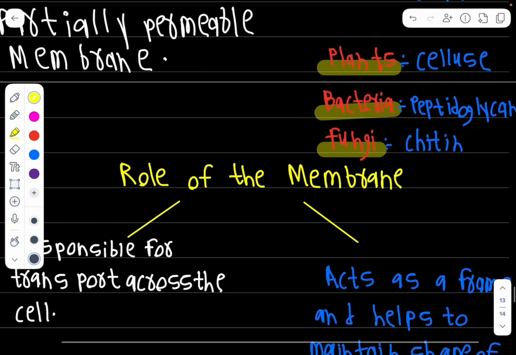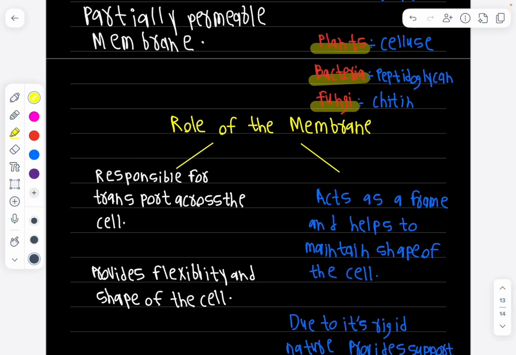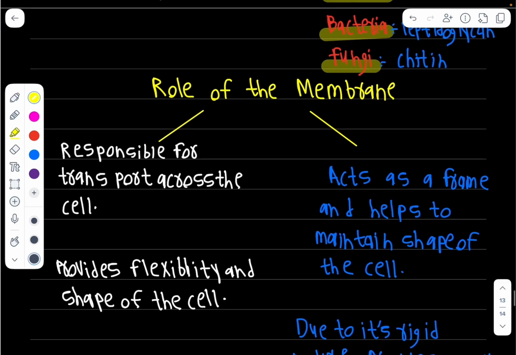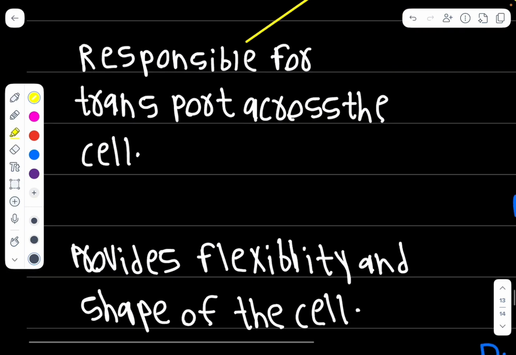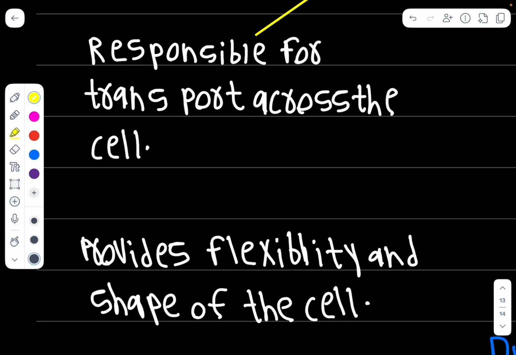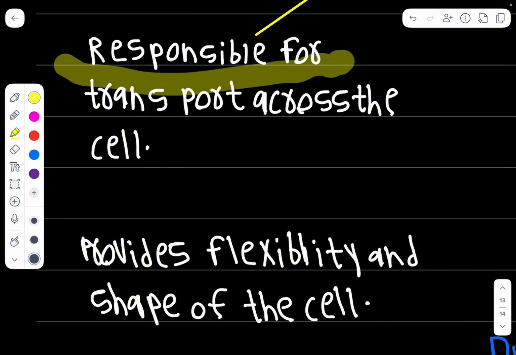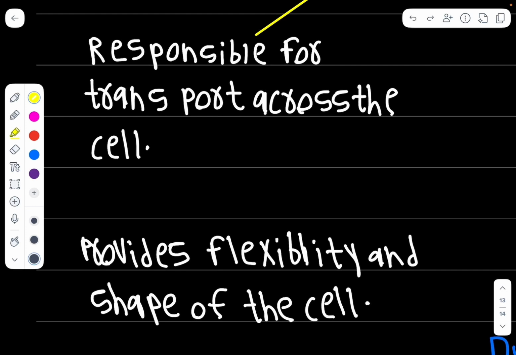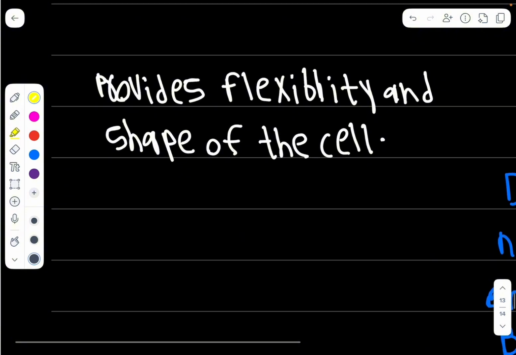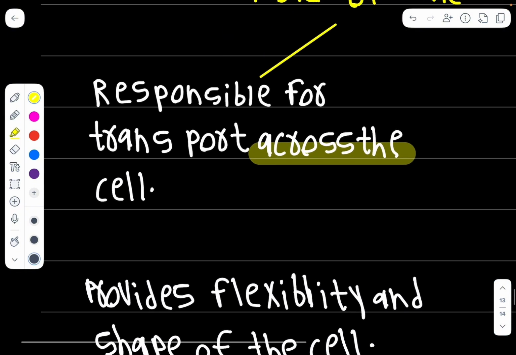Now we're going to talk about the roles of these membranes. First we're going to talk about the cell membrane. The cell membrane is responsible for transport across the cell. The second feature is transporting material, all the organelles, not the organs, organelles.